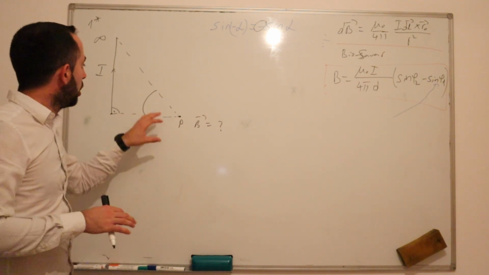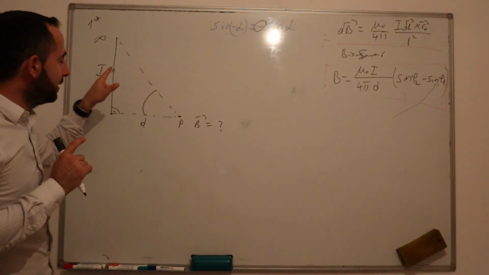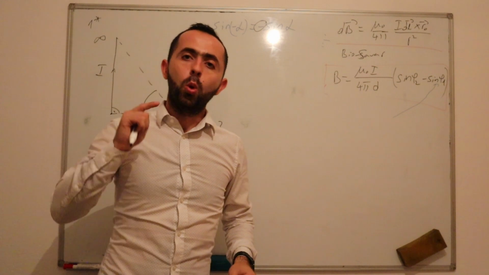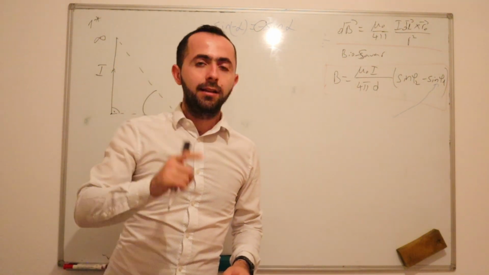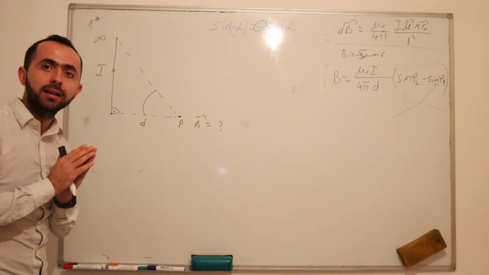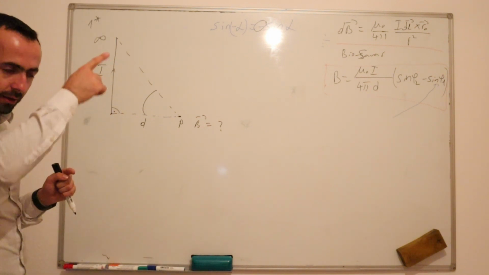But here, we usually can see only one angle, but which angle is that? Is it phi1 or phi2? What determines that? We said that which is the phi1 or phi2 angle is determined by the current direction. At which angle does the current first lead?